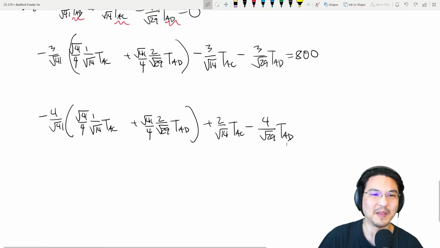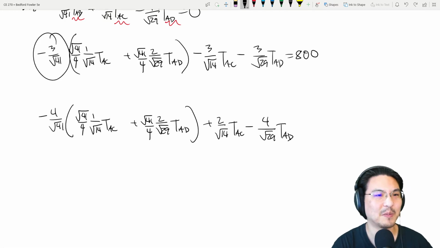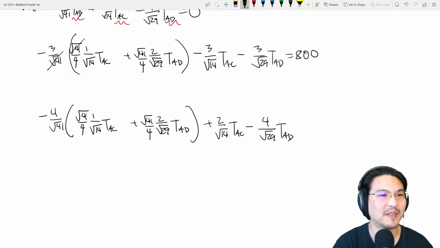Okay, let me clean these up a little bit. So let's see. If I multiply this through here and here, okay, here, see, root 41 cancels there. And then there's negative 3. So negative 3, negative 3.